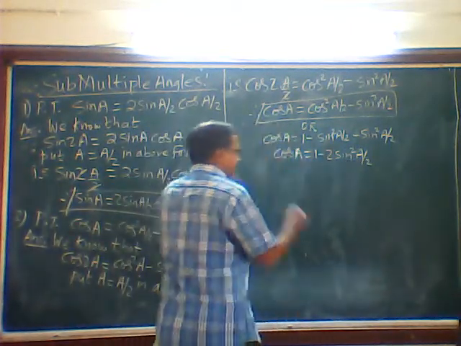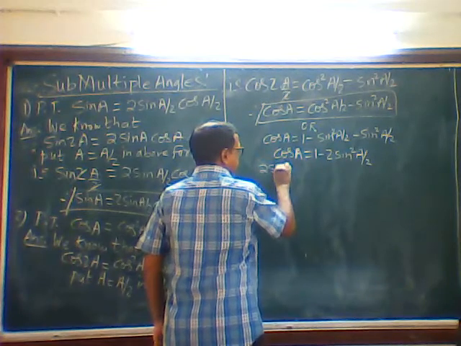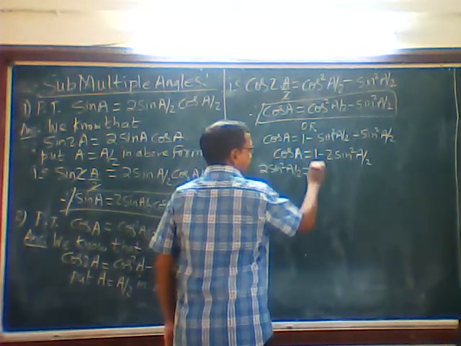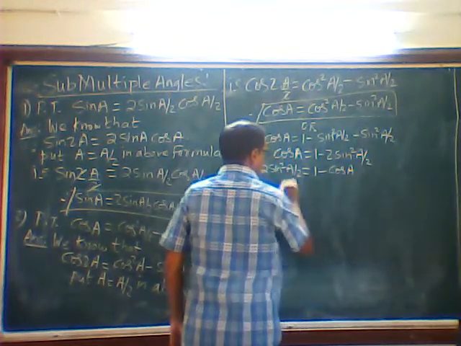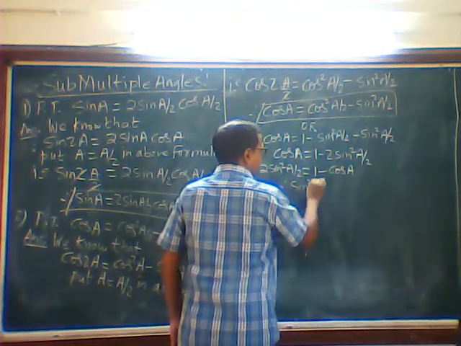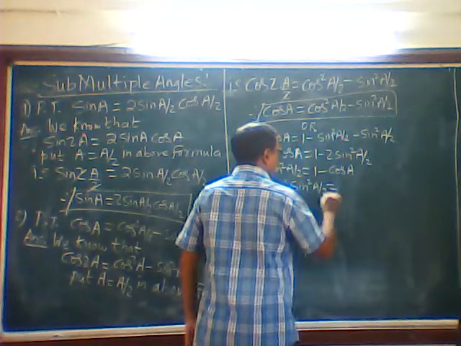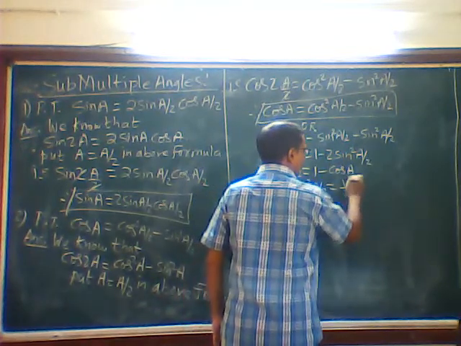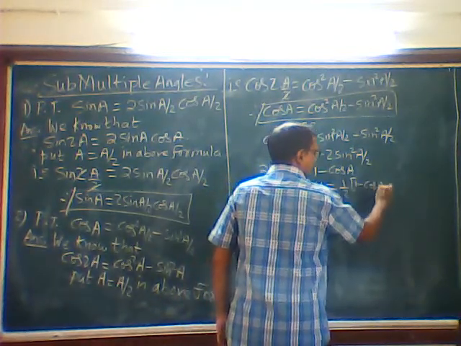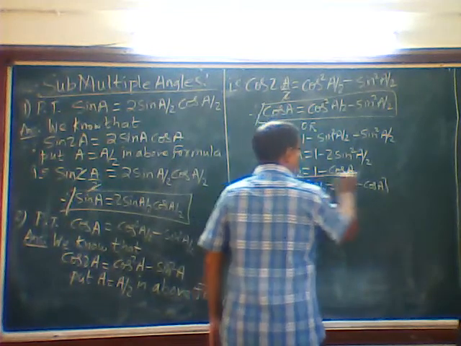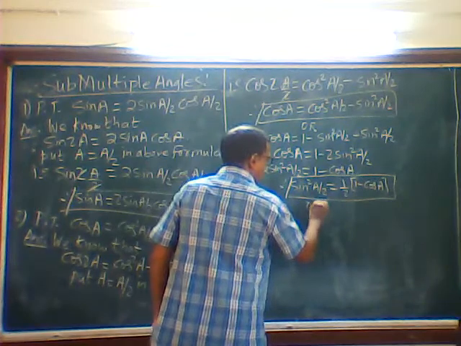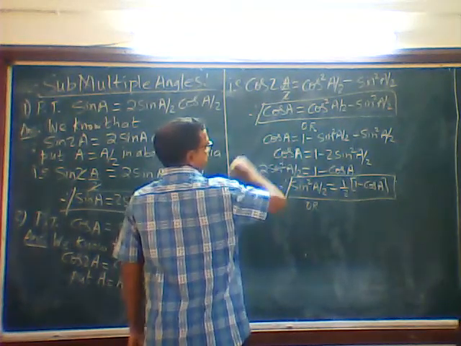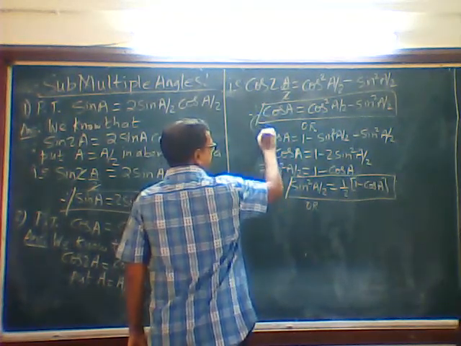Taking this to this side, 2 sin square A by 2 is equal to 1 minus cos A. This plus will come here and become minus. Therefore sin square A by 2 is 1 by 2 into bracket 1 minus cos A. This is what we can write from here.